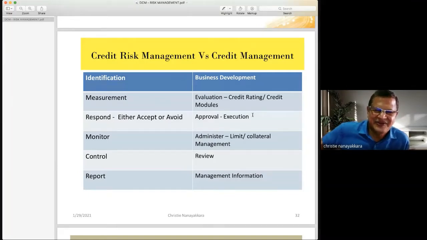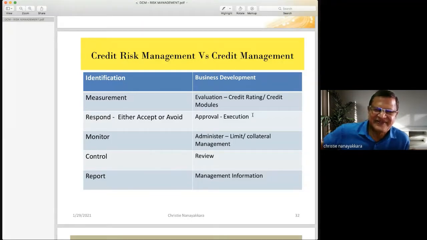Then you bring the customer to evaluation stage. That is where you start writing your appraisal form. I told you evaluation is equal to the measurement stage in credit risk management. So in evaluation, you do financial evaluation, qualitative evaluation, then you also can do credit rating on a system to see whether he is creditworthy.